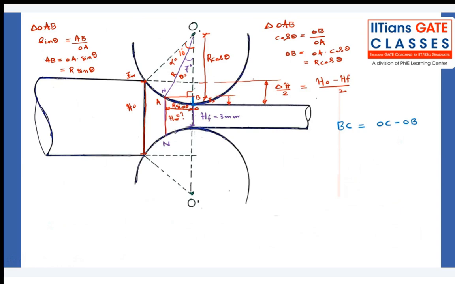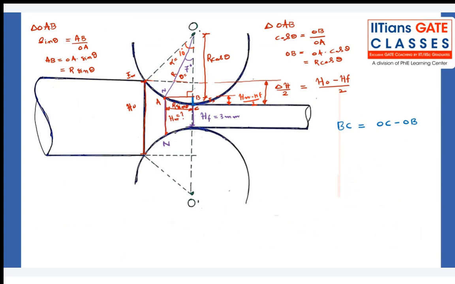This distance is delta H by 2, that is H naught minus HF by 2. From H naught it started, that is why H naught minus HF, and here it ended. Now what is the distance Hn? Can I write Hn minus HF by 2? Yes, obviously.